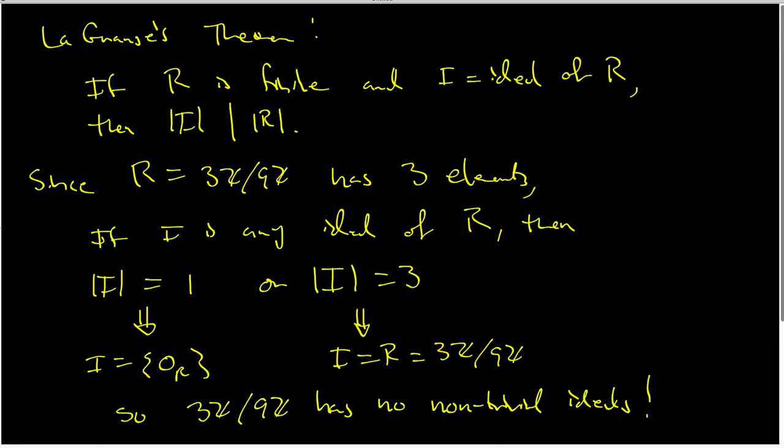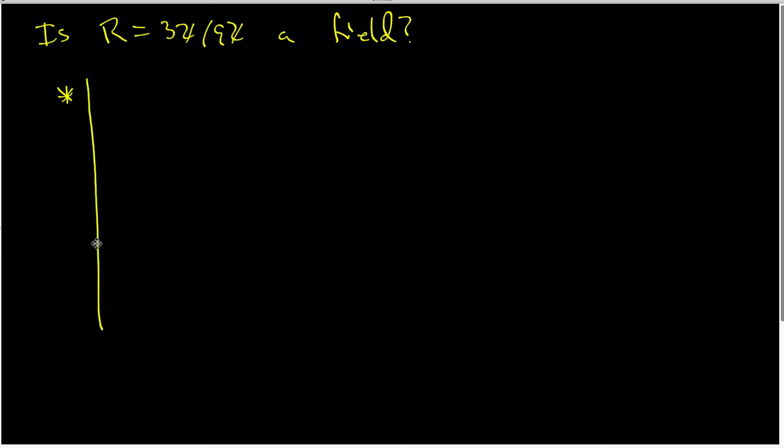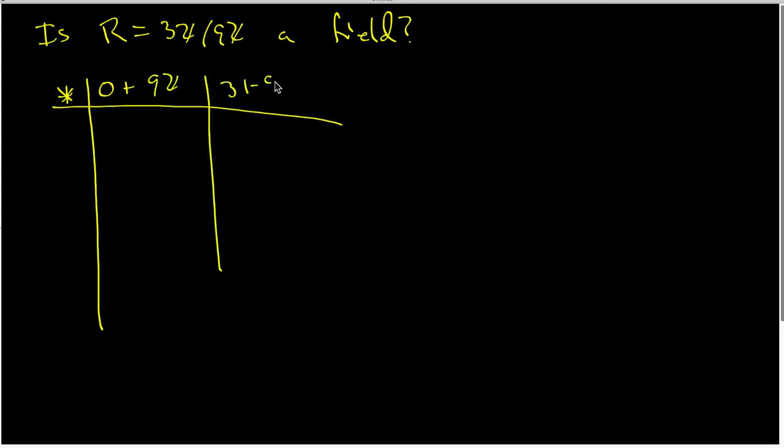Well, we have one last thing that we need to figure out, and that's is R equal to 3z mod 9z a field? Well, we can investigate that by looking at the multiplication table for this ring. And here's what the multiplication table looks like. We have 3 elements, 0 plus 9z, 3 plus 9z, and 6 plus 9z.